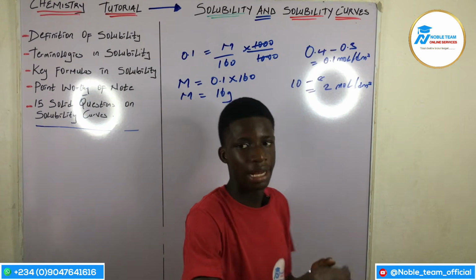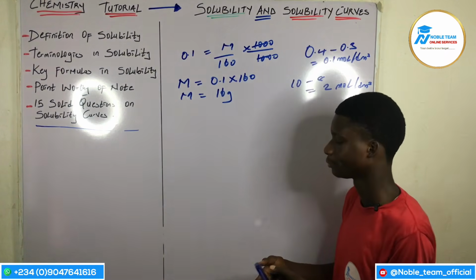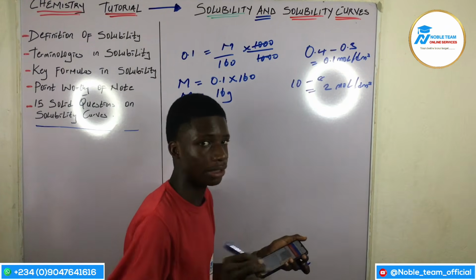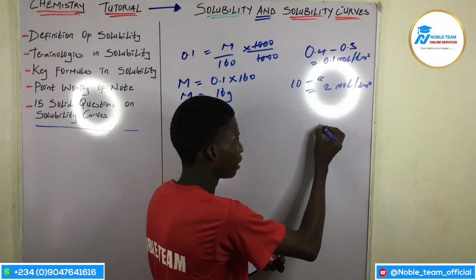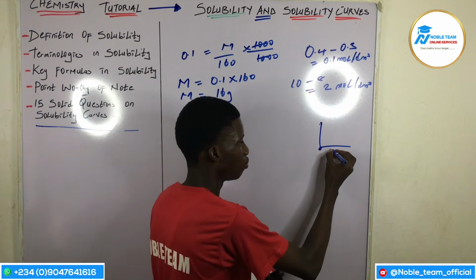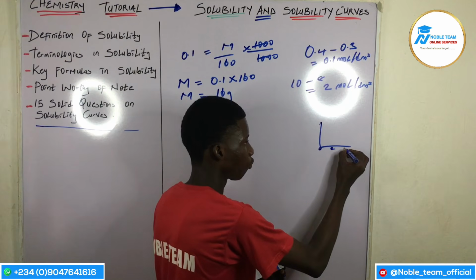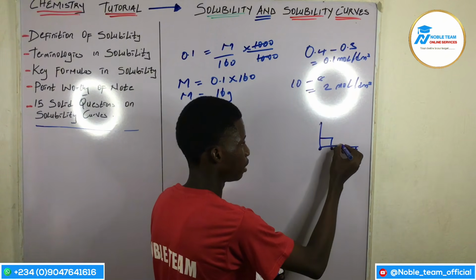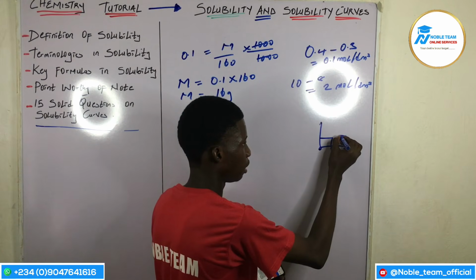Do you understand? And I want to explain something. If you have a graph like this, it's very, very important. Make sure that you are writing. You have a graph like this. Do you understand? And we have 0. Let me use 2, 4, and 6. And this is a point. This is a point.